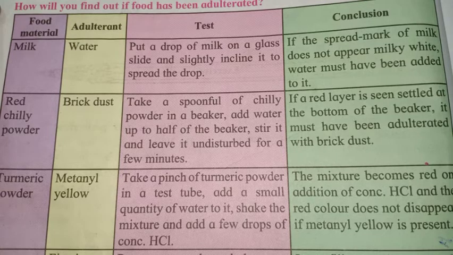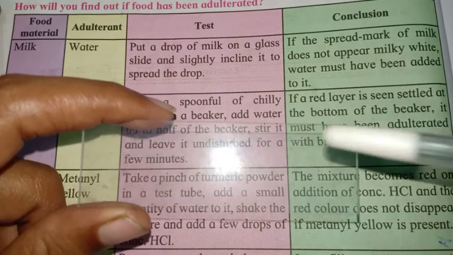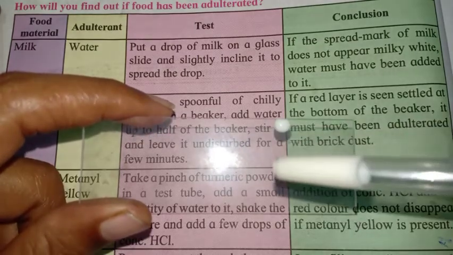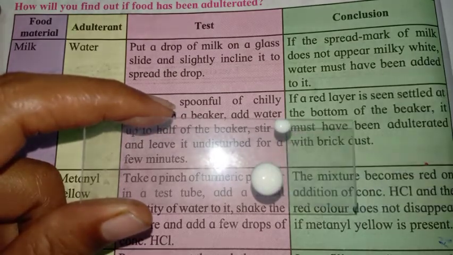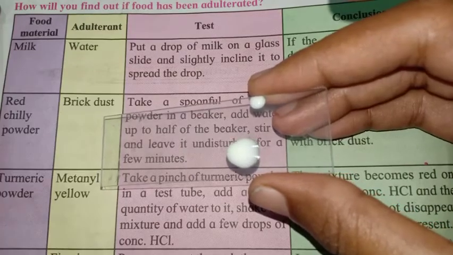See children, we'll perform this experiment here. This is a glass slide. Now I will put a drop of milk here on this slide. Now we'll slightly incline this slide.